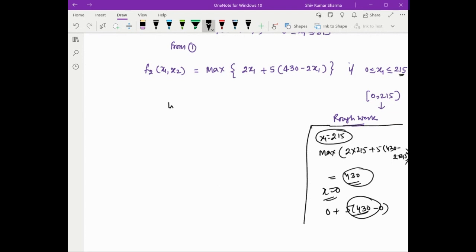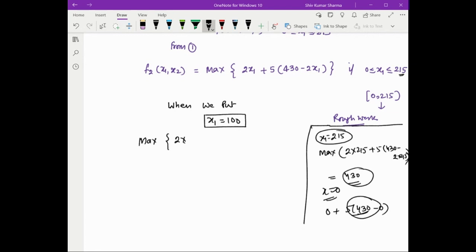That means when we put x1 equal to 100, you see that it gives the maximum value. What is the maximum value here?